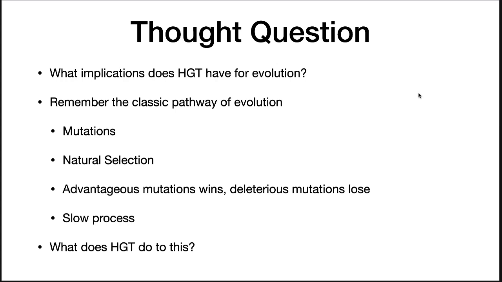What are the implications of horizontal gene transfer for evolution? Remember the classic pathway of evolution. Each species has natural variation due to mutations each individual holds. Natural selection then acts, with advantageous mutations winning and deleterious mutations losing. Horizontal gene transfer messes this up.